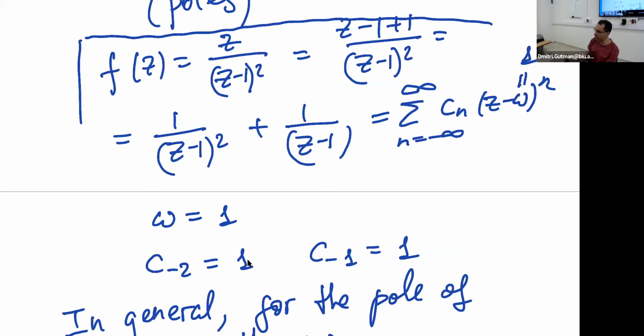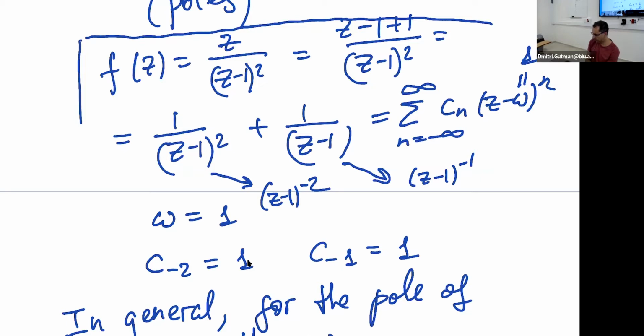Now I see there are two terms that have precisely the structure I'm looking for, z minus 1 to some power. This term is z minus 1 to the power minus 1, and this term is z minus 1 to the power minus 2.